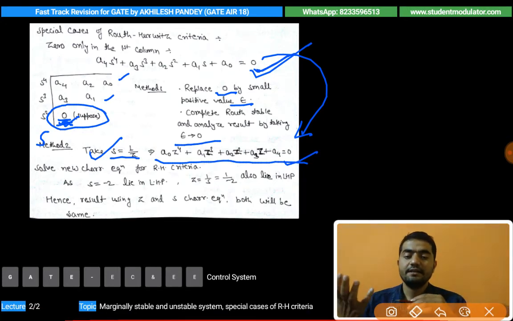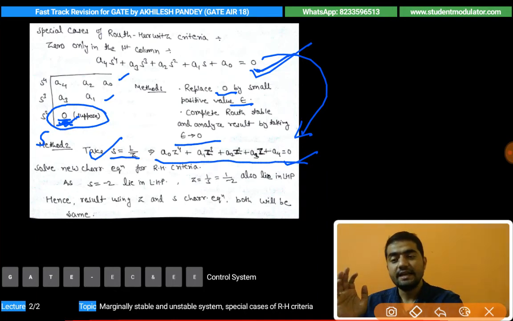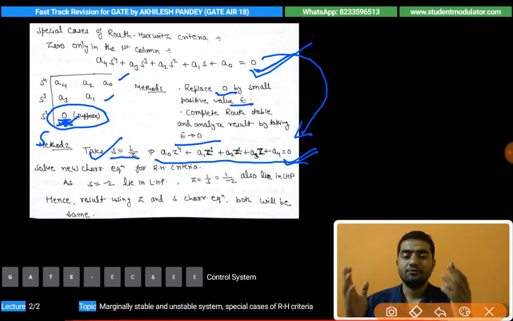Now the benefit of this is that by solving this new characteristic equation, whatever the position of the poles is analyzed, the same will be the position of the poles for the original characteristic equation. Why? Suppose we have s equals -2, which lies in the left half plane.